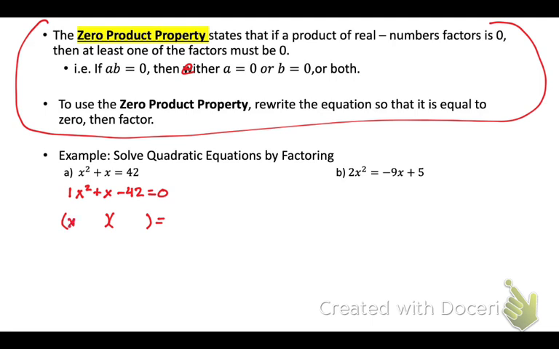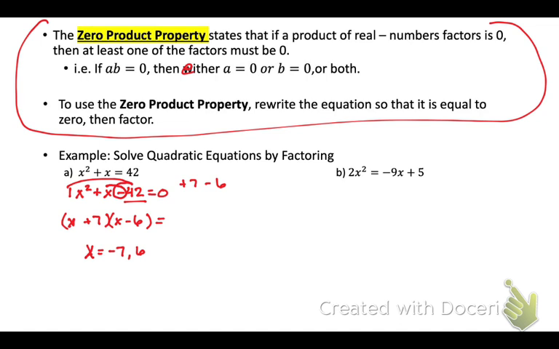So x and x. Factors of 42 that have a difference of what? 7 and 6. So positive 7 and negative 6. So plus 7 and minus 6. So x is going to equal, from littlest to biggest, negative 7 and 6. That's it. That's your homework.